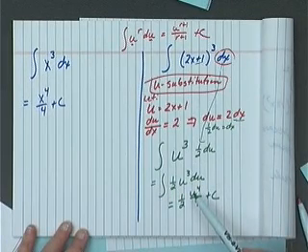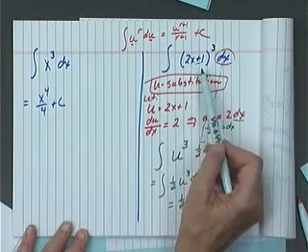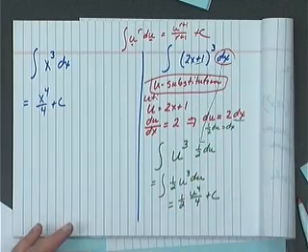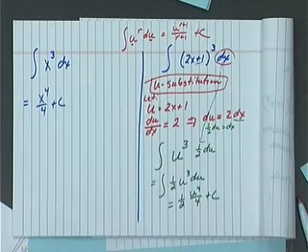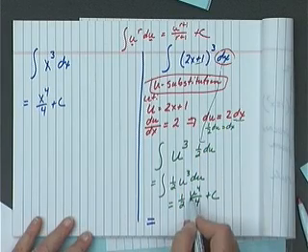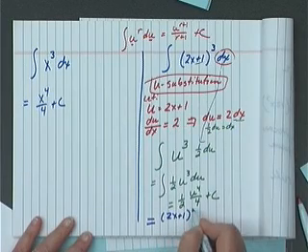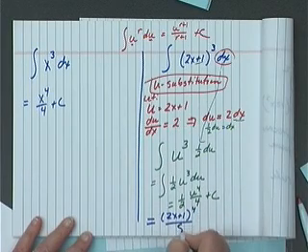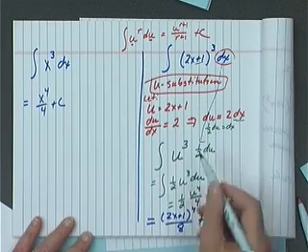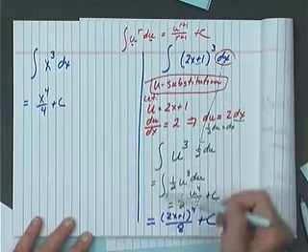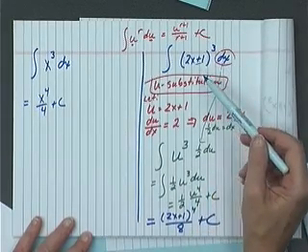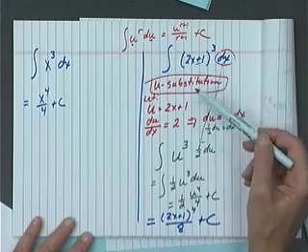Am I done there? No, because the original problem had x's in it. So we got to go back and put in what it is. So we have equals (2x plus 1) to the 4th over 8 plus c. And that is going to be my answer. And we're going to check it just to confirm that.